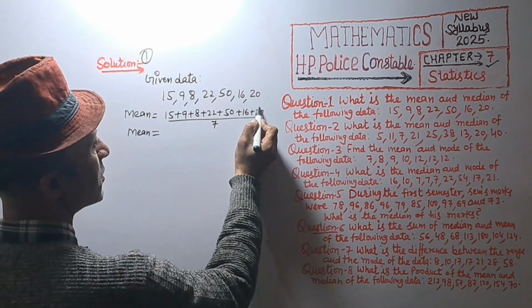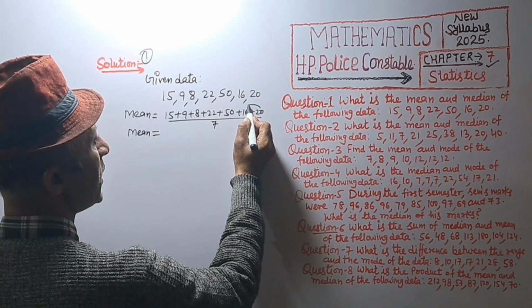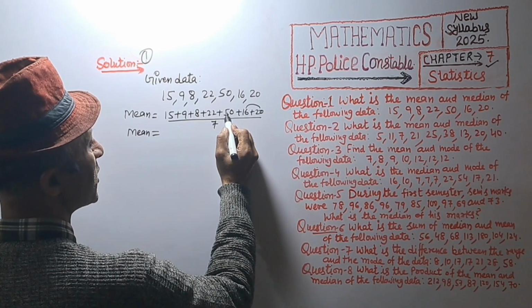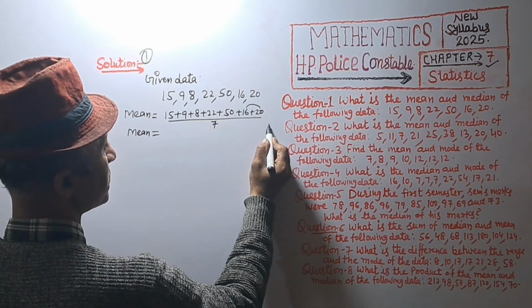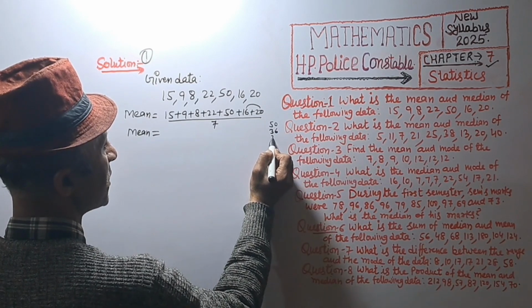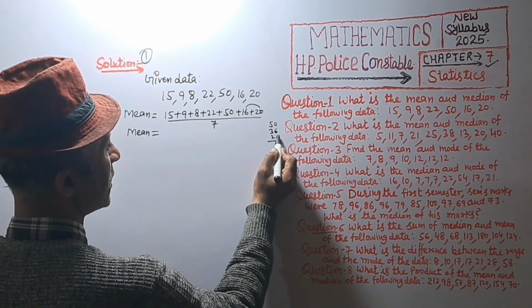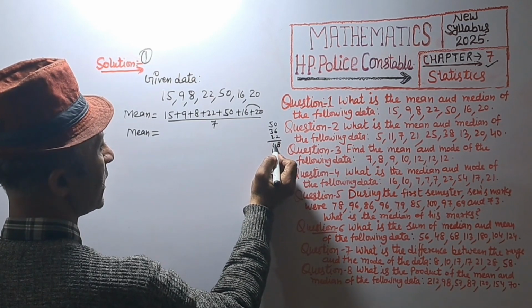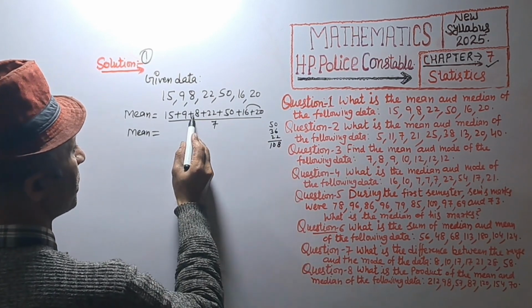Mean equal to 20 plus 16, that is equal to 36. 36 plus 50, 50 plus 36 plus 22. That is 6 plus 2, 8, 8 and 10, 108.